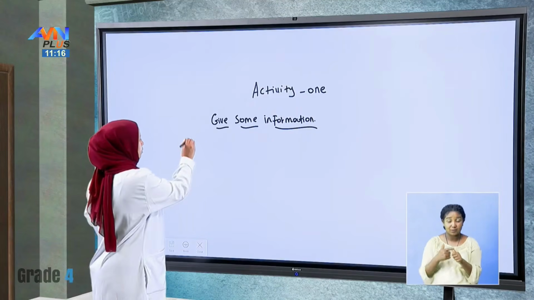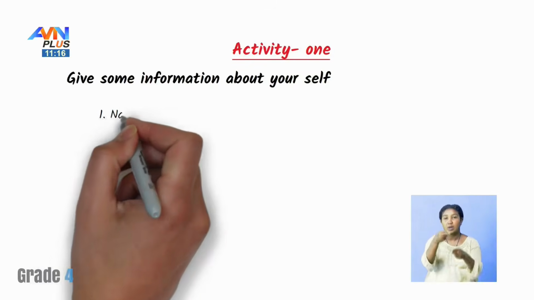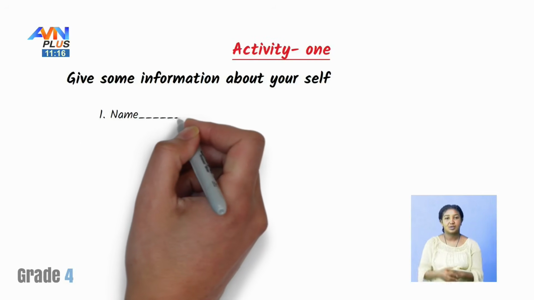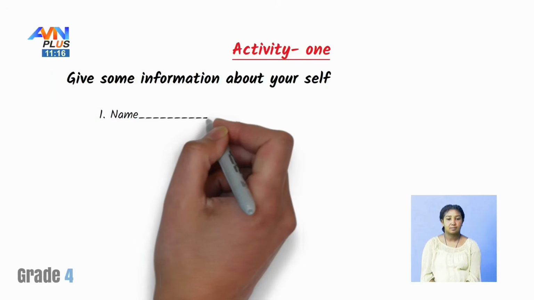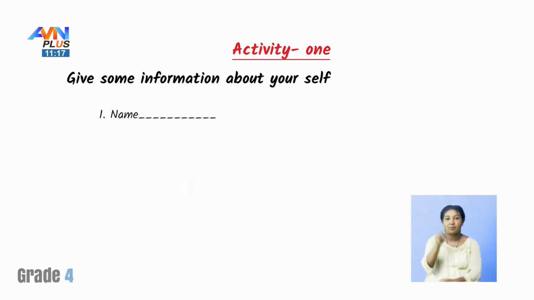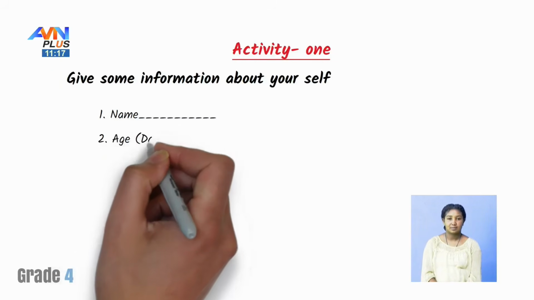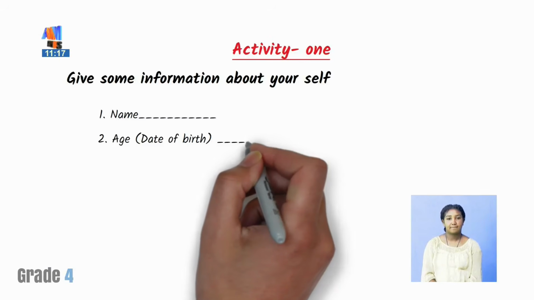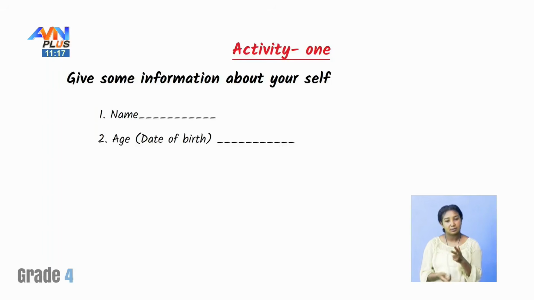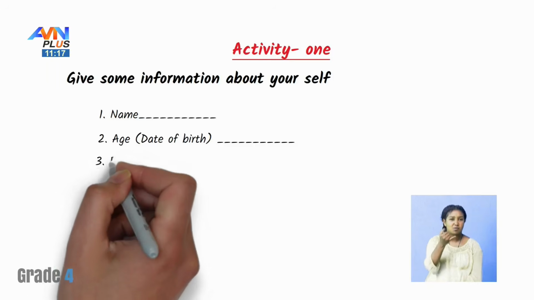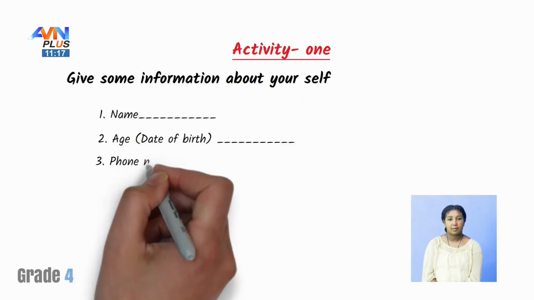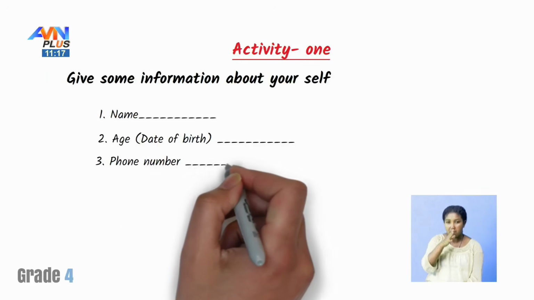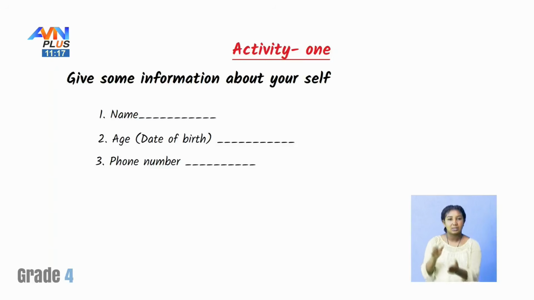The first one is your name and also age and also date of birth. And also 3, also we can say phone number, maybe your parents' phone also, and also school name.